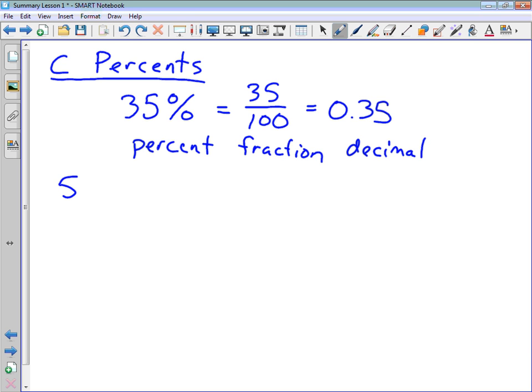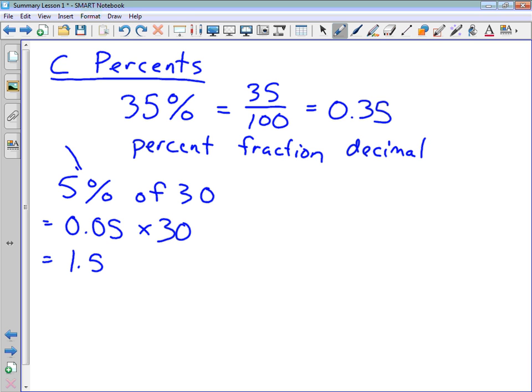Then I might show a couple of examples here. If I want to do 5% of 30, I'm going to change this to a decimal, change my of to multiplication, and get 0.05 times 30, and get 1.5. So I might explain this a little bit, change this to a decimal.